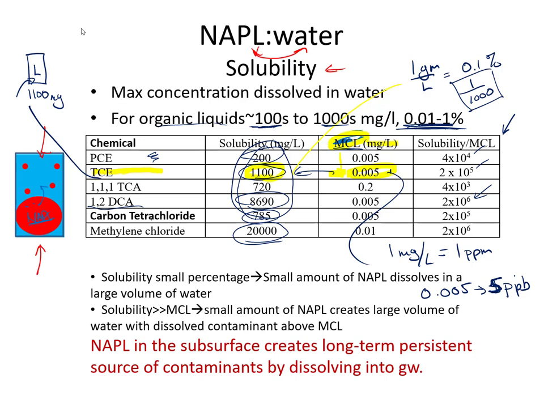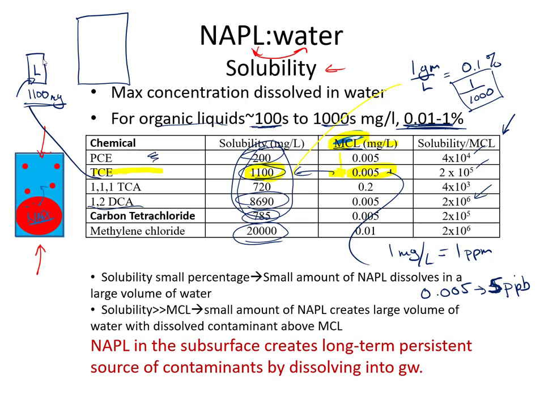But then, if we take that water that's contaminated to the maximum concentration that it can take, and we want to dilute it down to the MCL, if it's at the MCL, it still is considered contaminated.